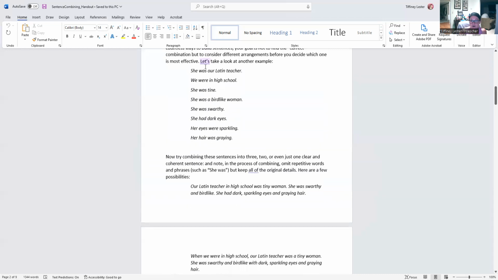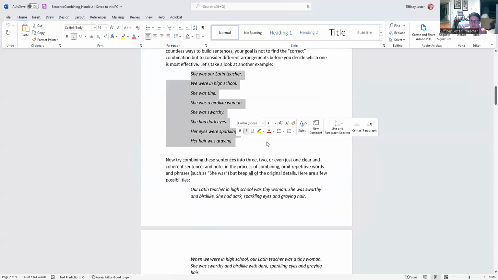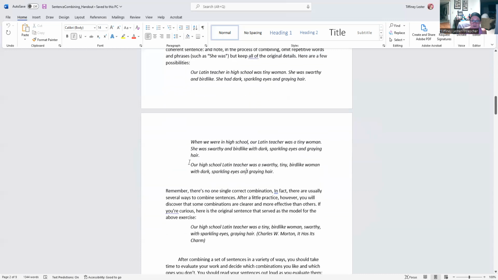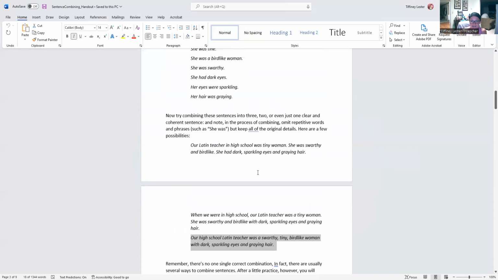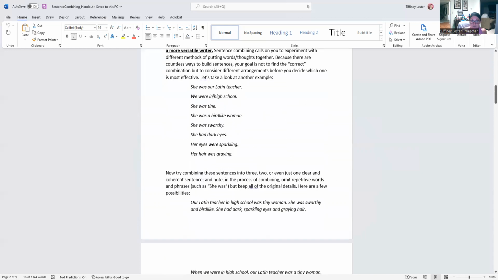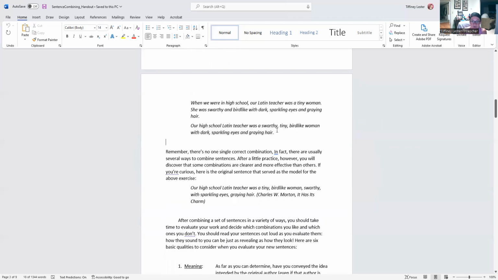So we took all of this and got it down to 1 sentence that's only that long. That's not even a very long sentence, considering we started with 8 sentences. We could easily get the ideas from those 8 sentences into 1 single moderately long sentence.